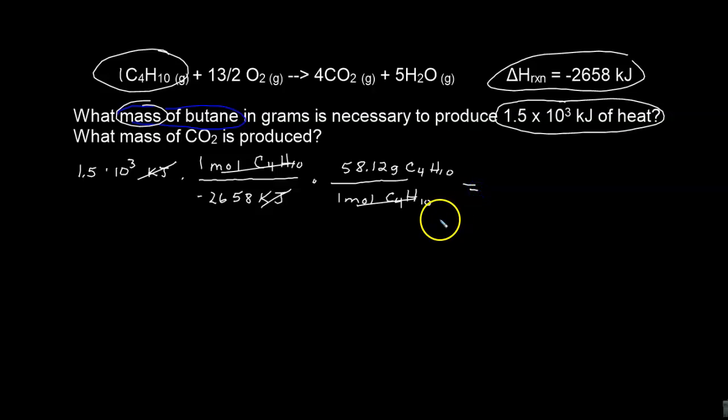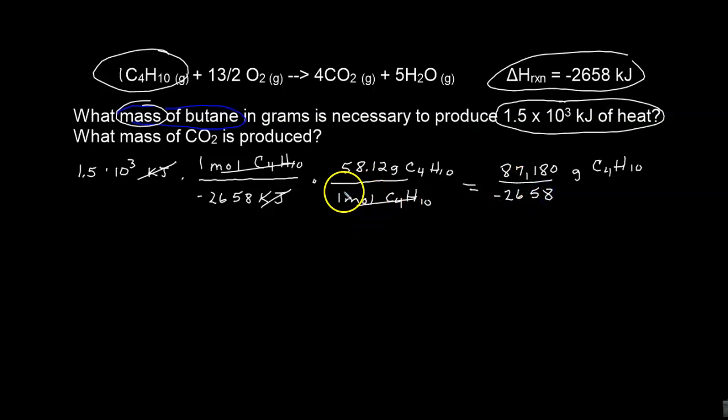Now we're just going to multiply our numerators, multiply our denominators, and so my numerator I have to be 87,180, and I still have grams left of butane as my label. The denominator is the negative 2,658.